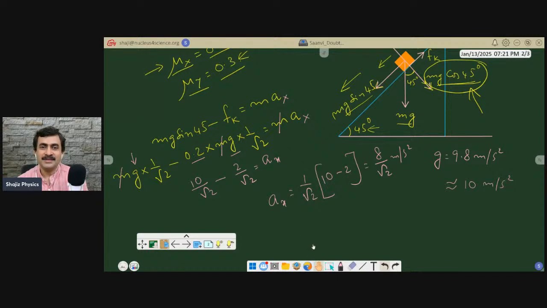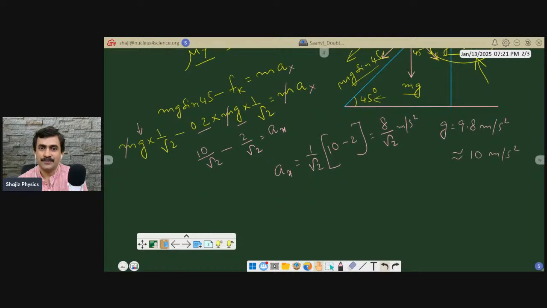Now, let us consider the case of y also. For y, how can we write the equation? Let me take another color for your convenience. So again, considering the downward motion of y, we can write mg sin 45 minus fk.